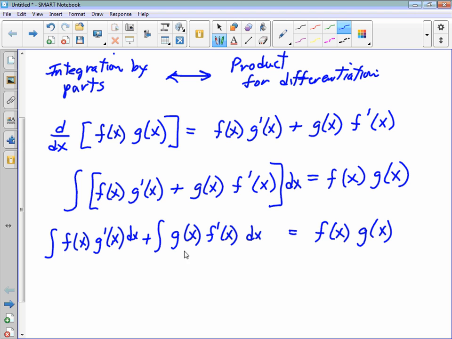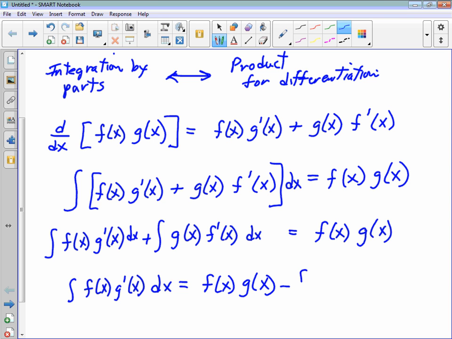Now, if we subtract this part right here from both sides, we're going to wind up with the integral of f of x times the first derivative of g of x dx equals f of x times g of x minus the integral of g of x and f prime of x dx.